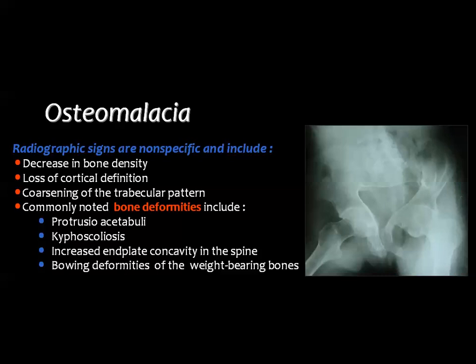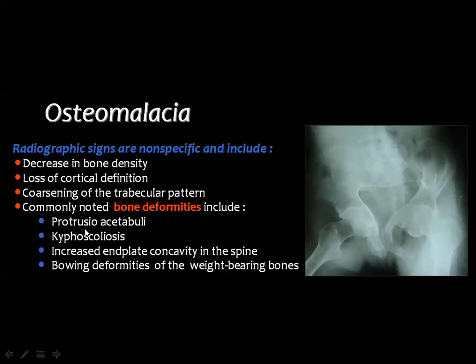By bone softening, and you see this is the pelvis, and you got the marked softening of the pelvis with protrusive acetabuli on both sides. But if you look at the bone density, it may appear normal, and there are deformities because the bone is now soft.